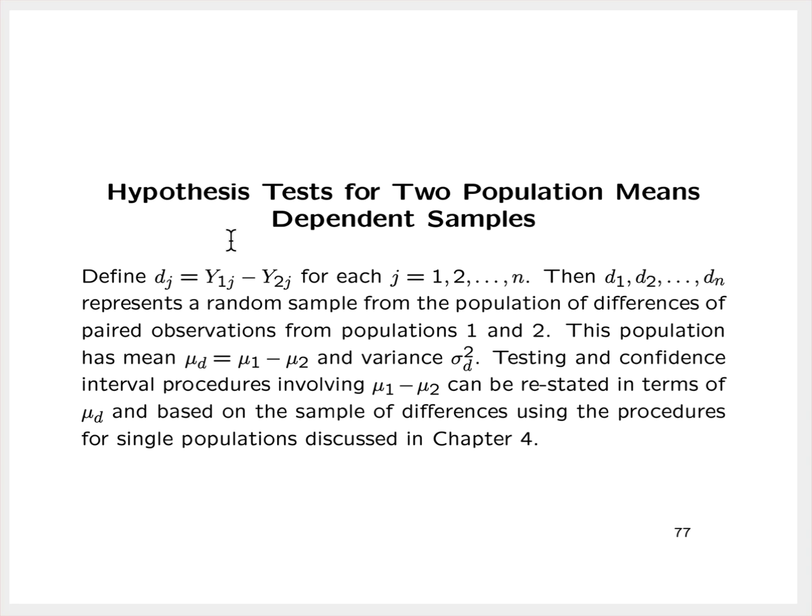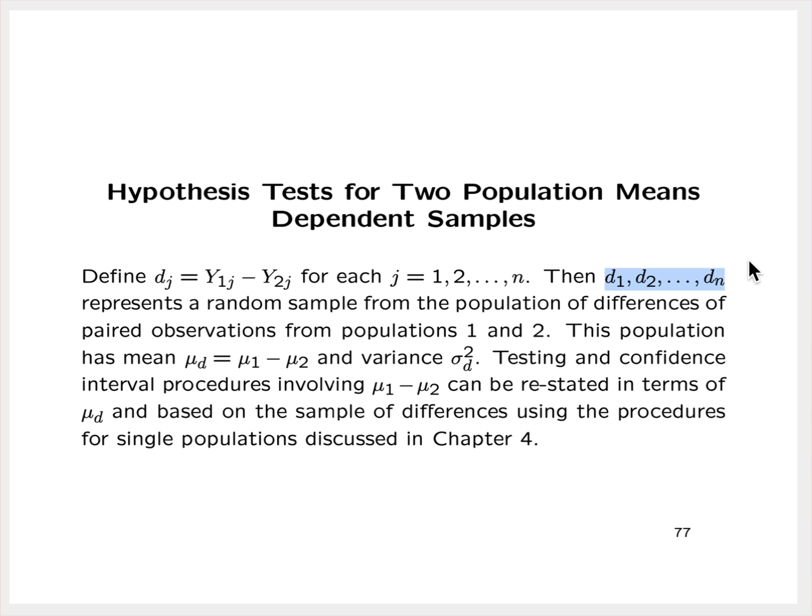And so, for example, notationally, we will denote the difference by d sub j. All right, and so this is the difference between the first and second observations for the jth experimental unit, j going from 1 to n. And so then, instead of having two dependent samples, we have one sample of differences, d1, d2, and so forth, up to d sub n.